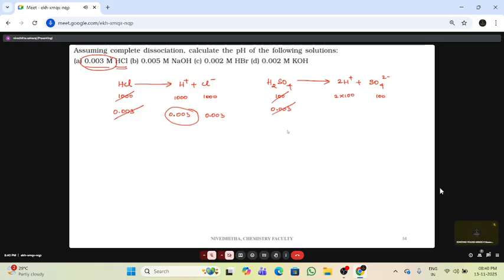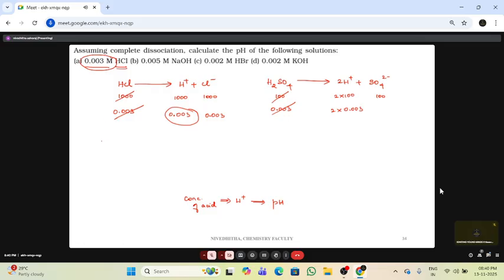What will be the concentration of H plus ion? Yes, 2 times 0.003, which is 0.006. Okay. So for both the cases, please calculate pH. Here they've given you the concentration of acid. From that concentration, you have to calculate the H plus ion concentration, and from that, you have to calculate pH.